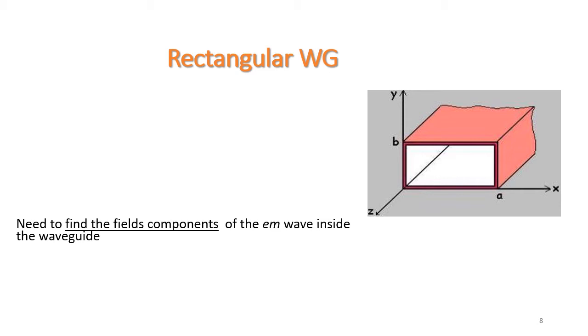Analyzing the signal inside the waveguide means finding these components present along the x-axis, y-axis and z-axis. So we need to find Ex, Hx, Ey, Hy, Ez and Hz. In case of the electromagnetic signal, we need to find all these components.